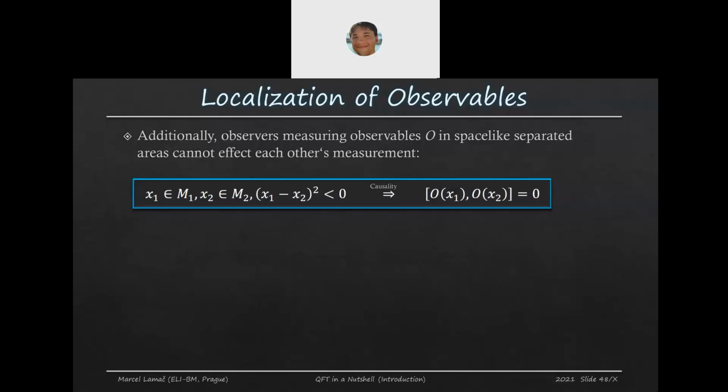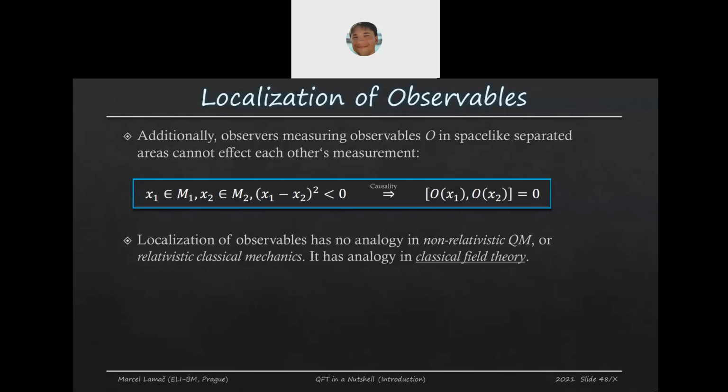This means that they are simultaneously measurable, and the measurement of one of these observables does not affect the other. This means that they commute in the language of quantum mechanics. So this is a condition that we will have to check for all our physical observables, and we will have to construct our field theory or relativistic quantum mechanics in such a way that this condition is satisfied by the observables.